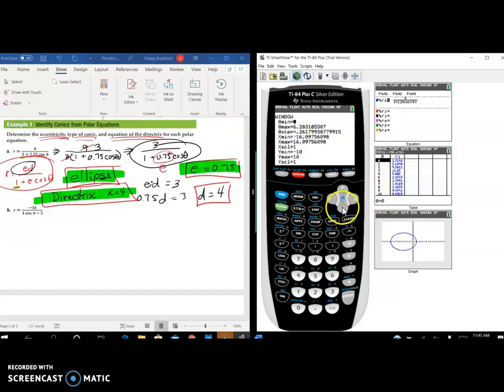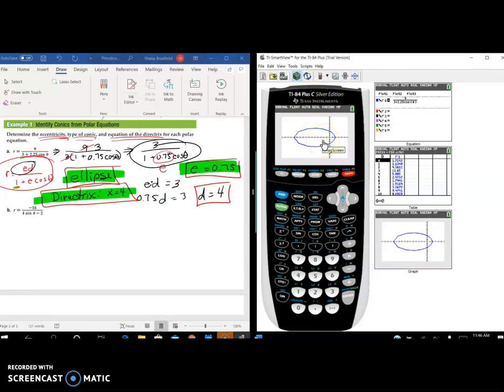So maybe we wanted to change the x max to, let's say 6. And then we graph it. Kind of centers it up a little bit more there. But there's our equation. You can see that, yes, it is an ellipse. It's a little jagged because it's our calculator and maybe our lines wouldn't be as smooth there. But that's our equation.